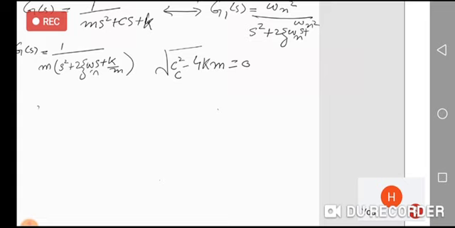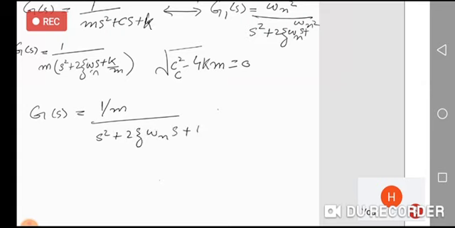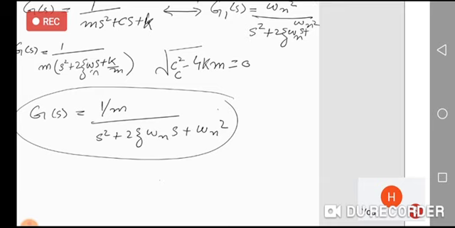So G of s becomes 1 over m over s square plus 2 zeta omega n s plus omega n square, ठीक है? Now of course this is close to this thing, लेकिन यहाँ पर देखिए हमारे पास 1 over m है और यहाँ पर omega n square. So G1 and G of s are not equal.